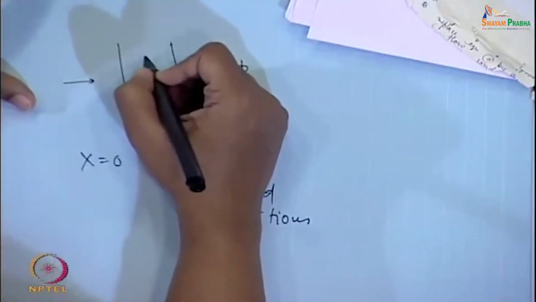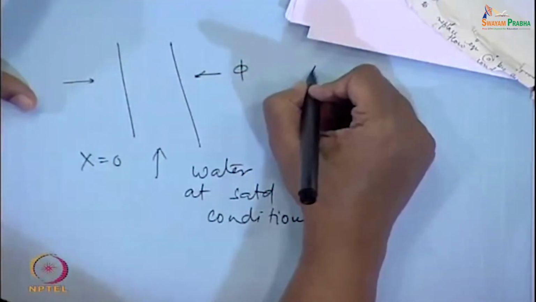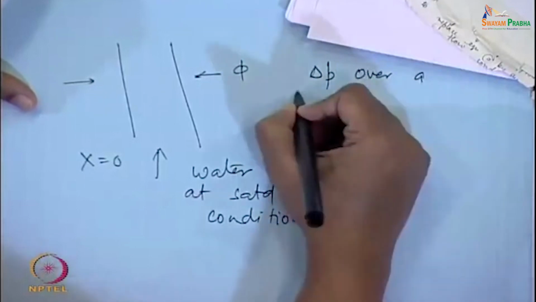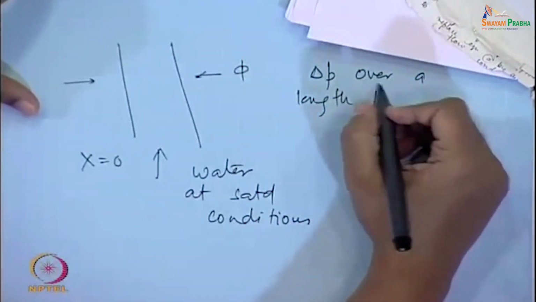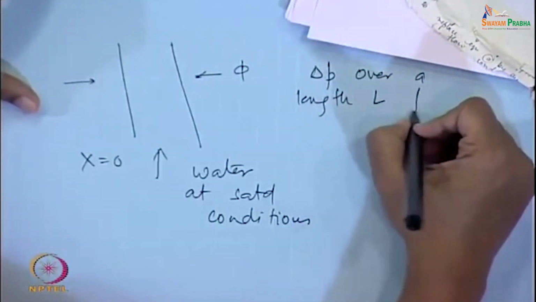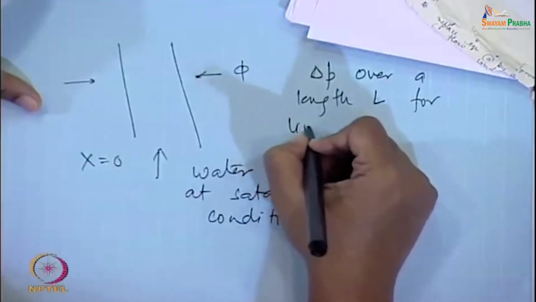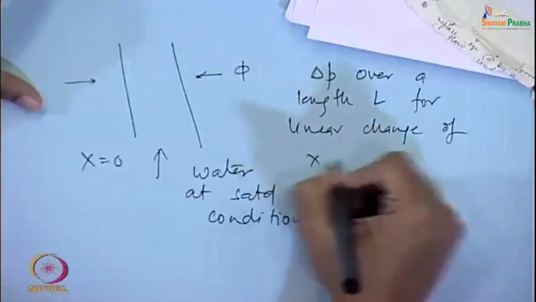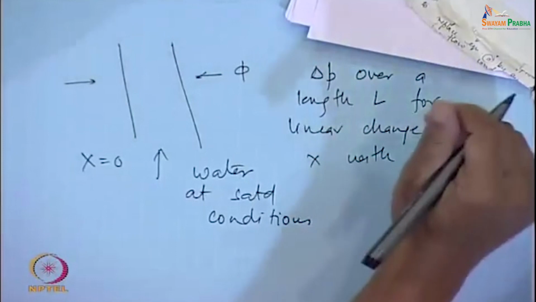Okay. So, I would like you to find out the pressure gradient delta P over a length L, for linear change of x with L. Is my question clear to you?